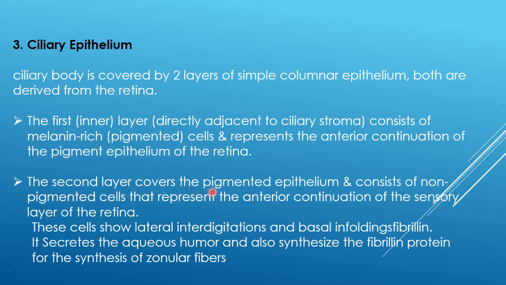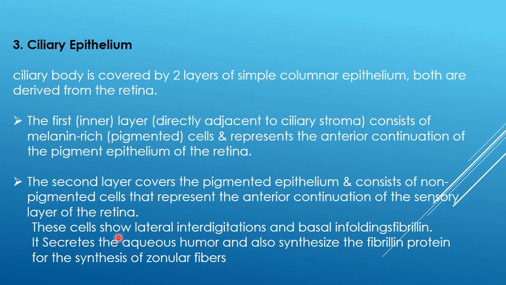The second layer covers that pigment epithelium, and it consists of non-pigmented cells, representing the anterior continuation of the sensory layer of the retina. So these 2 layers extend into the ciliary body, making the respective pigmented layer and non-pigmented layer of the ciliary body.